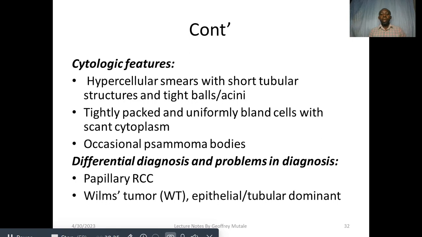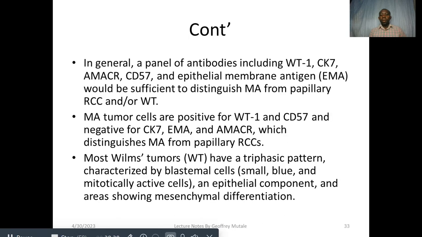Differential diagnosis. So differential diagnosis is done with papillary renal cell carcinoma, and then the Wilms tumor, the epithelial or tubular is dominant. In general, a panel of antibodies including the WT1, the CK7, AMACR, CD57, and epithelial membrane antigen would be significant to distinguish MA from papillary renal carcinoma and WT.